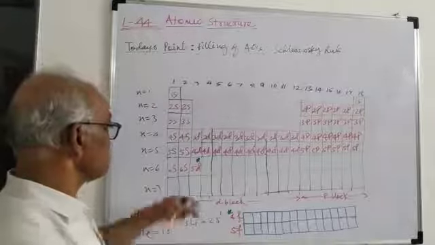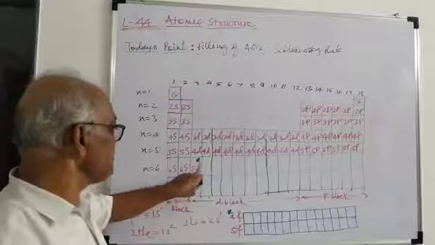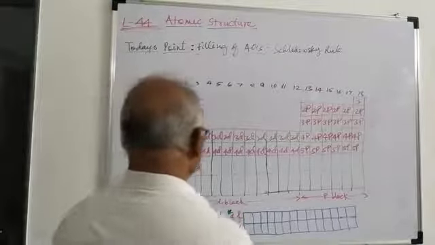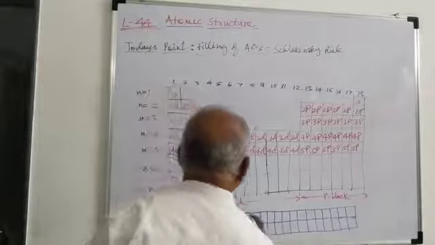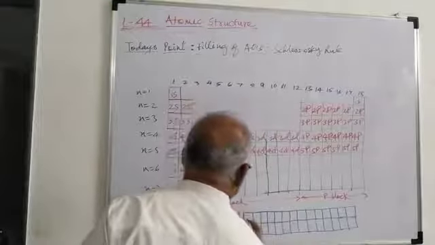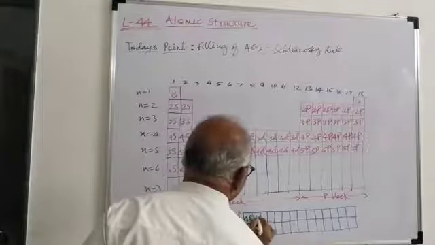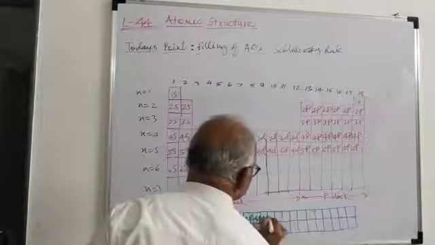So the electron next to this 5d will enter into this 4f. We will show this as 5d, and after 5d it will begin with 4f. So these 4f will be filled first.